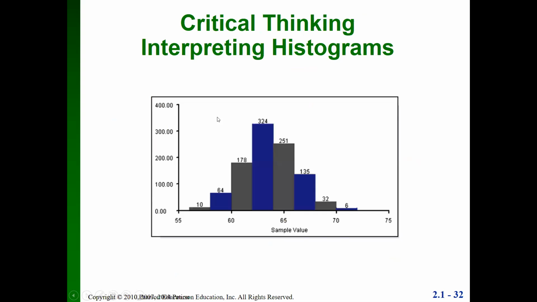So here's one where we are looking at something. These look to be kind of interesting numbers. So what we've got is these values. So we have 10, 64. These are frequencies. 178, this is the total frequency. These are frequency numbers.